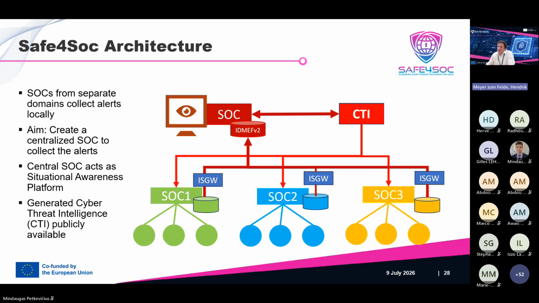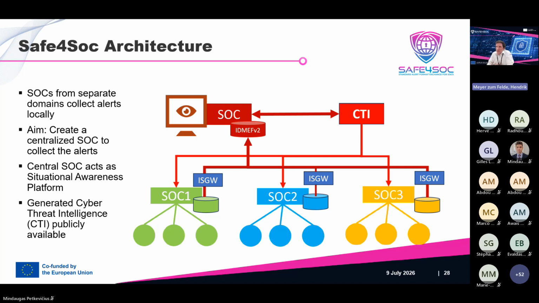And our aim is to establish the following. We want to create something like a Security Operations Center for all other Security Operations Centers that want to participate. As you can see here on the graph on the right-hand side, there is a module called ISGW, which stands for Information Sharing Gateway. The idea is that each of these SOCs can deploy one of these gateways.